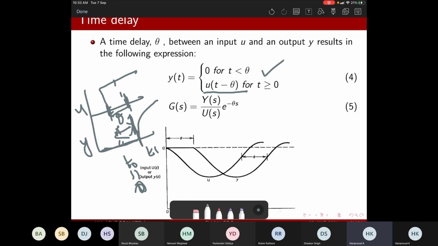So u of t minus theta, for t greater than theta. Which essentially means that at time equal to 0, there is no output. If your time is greater than theta only, you would see some output, which is some value. You forget about that number.